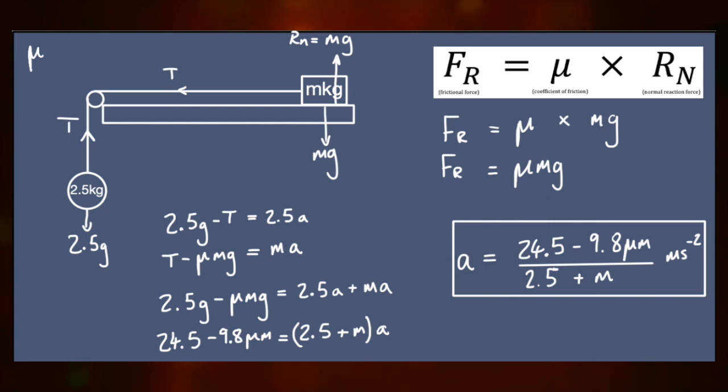If we rearrange these, combine them and rearrange for A, we get this equation here of 24.5 minus 9.8 mu m over the whole mass of the system, which is 2.5 plus m. Now we can use this as a sort of new general equation to compare to our previous example where we did not have friction.